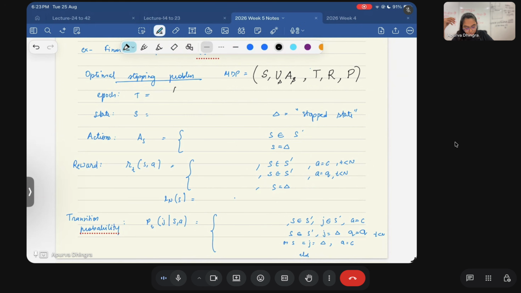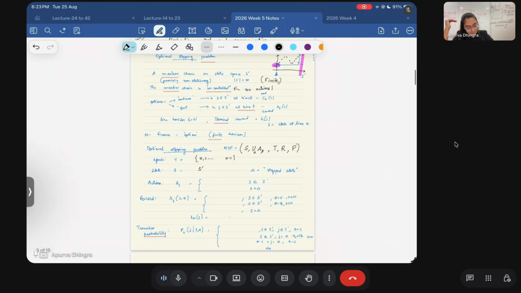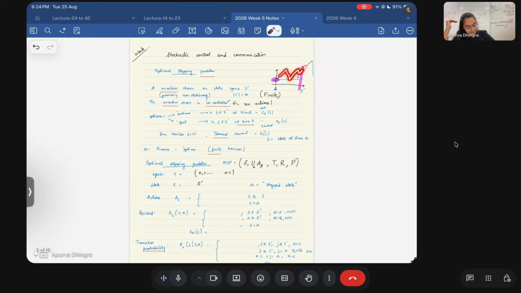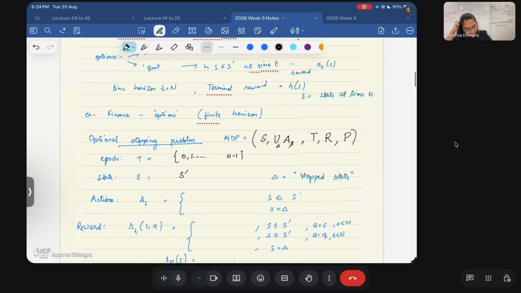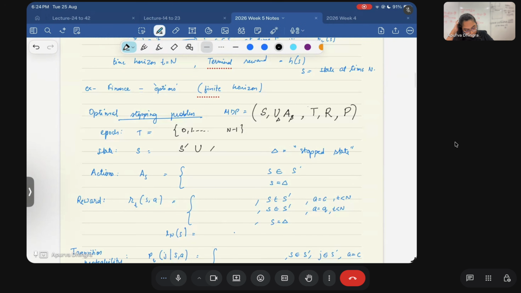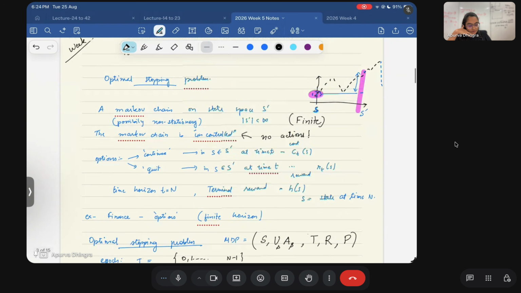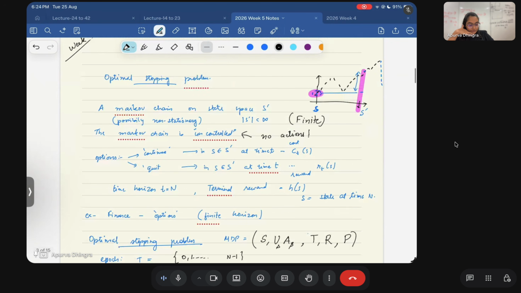So let's say we are doing this for time steps starting from 0 till n-1. The state space is what we are referring to as S dash, the core Markov chain, or as per our example, the price fluctuations in the market of a particular stock. And the state space needs to also have the other state. Suppose you exited the market at some point of time.